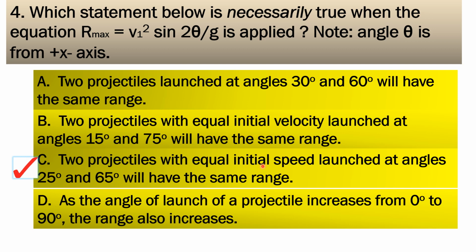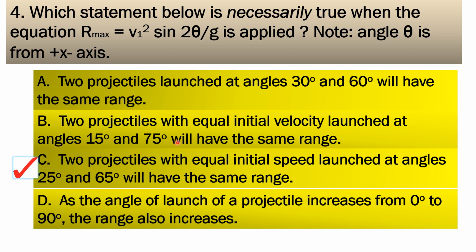When we say the two projectiles are of the same initial velocity, it should mean that the magnitude of the velocity of the two projectiles must be the same, and their directions must also be the same. But how can that be possible when it states that the angles are different?